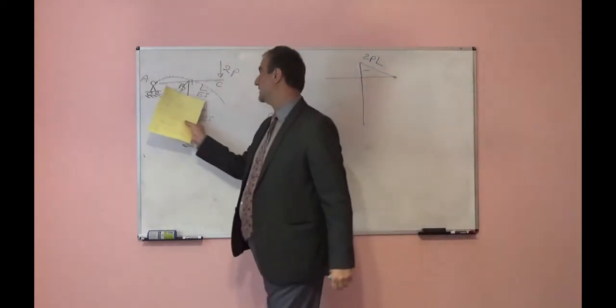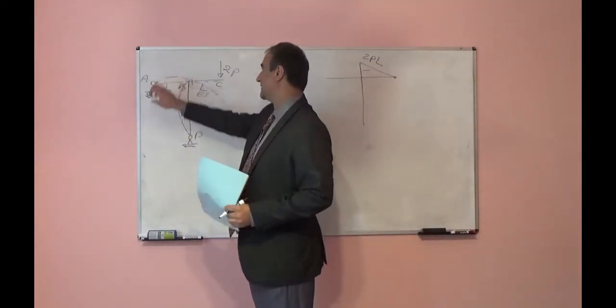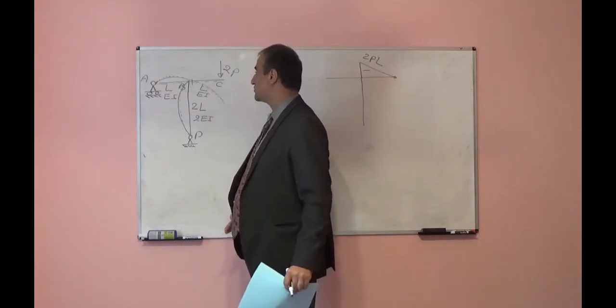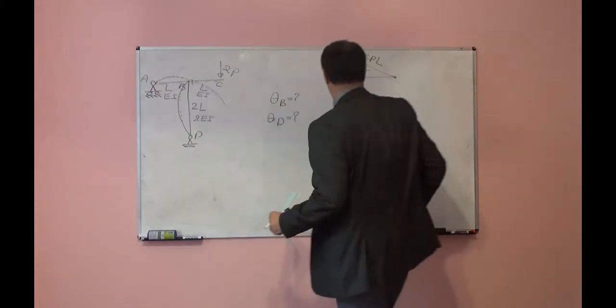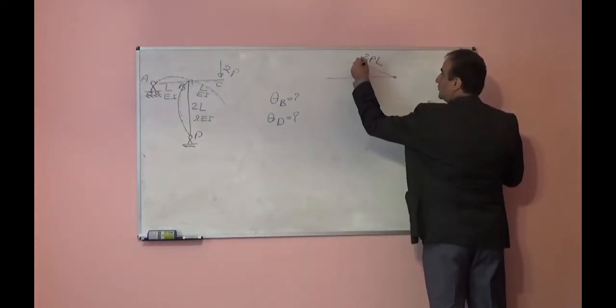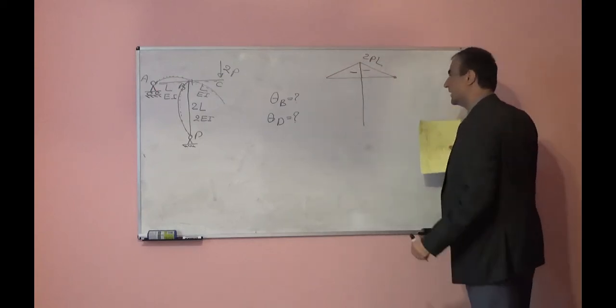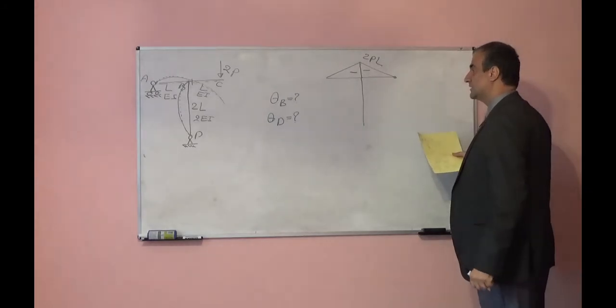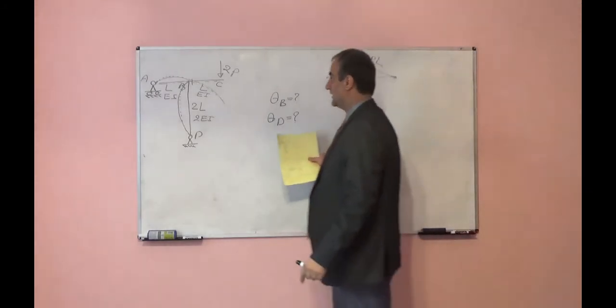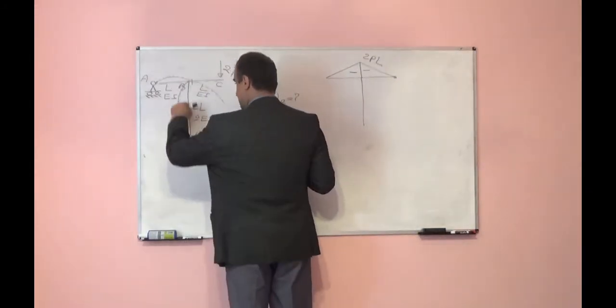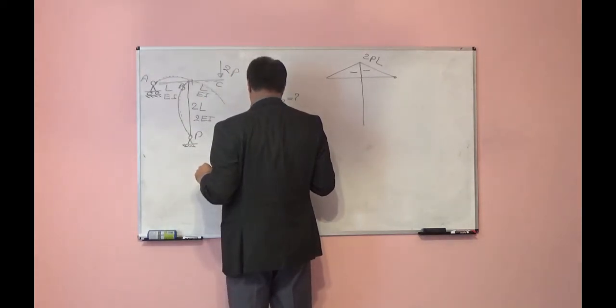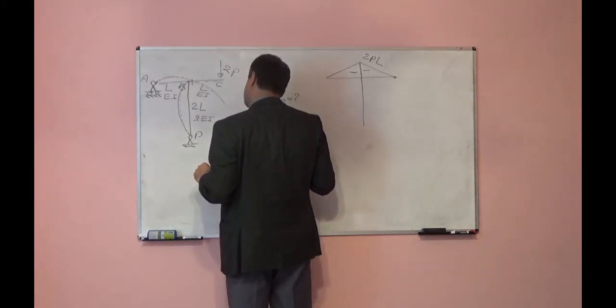Moment at point A is 0 because it is hinged. There is no force at AB part, so from 2PL it will come to 0. In the BD element, or in that column, the moment will be 0.